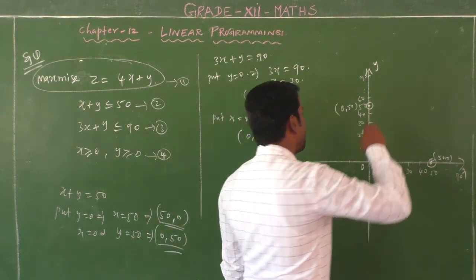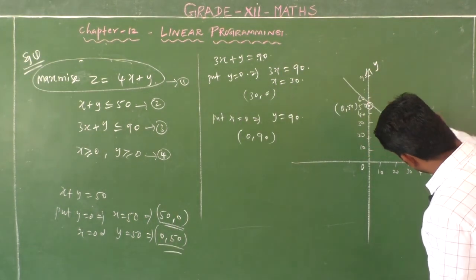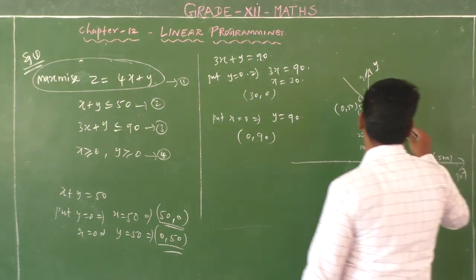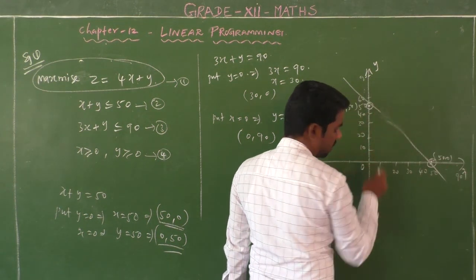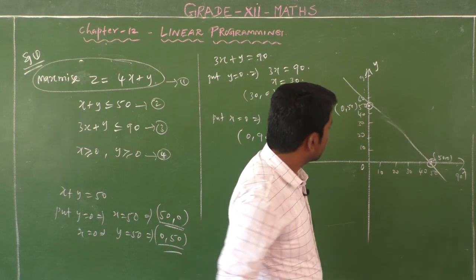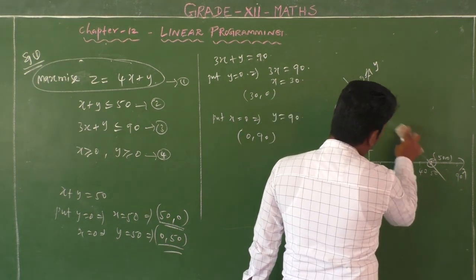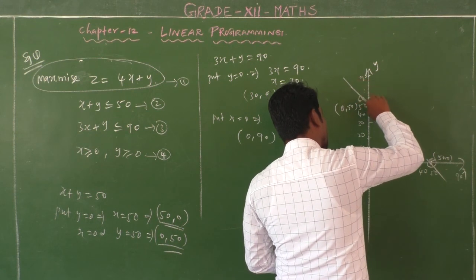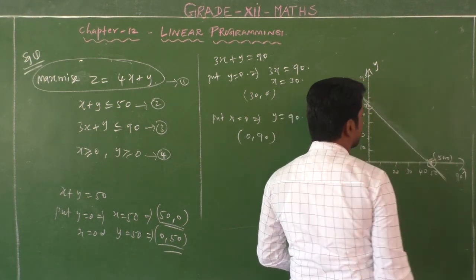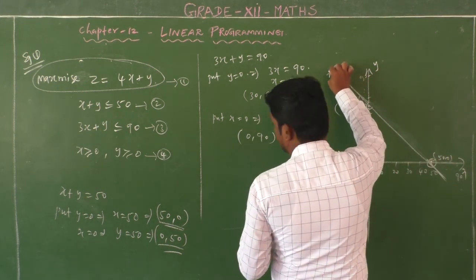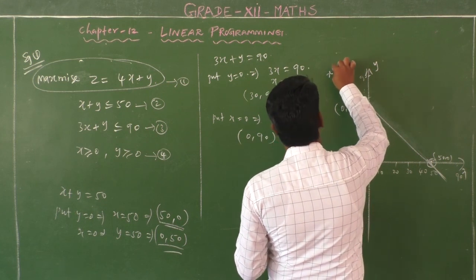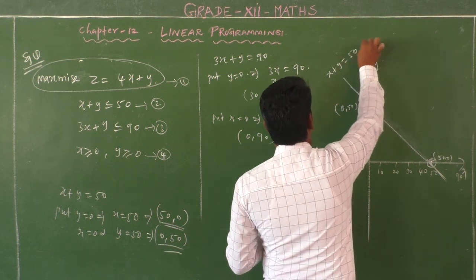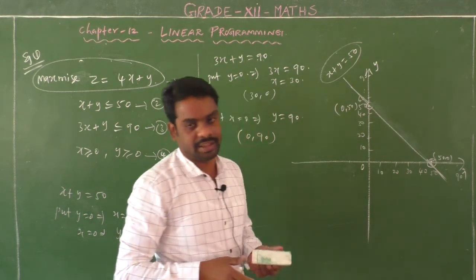So join these two points. This is the line. So this line is x plus y equal to 50.